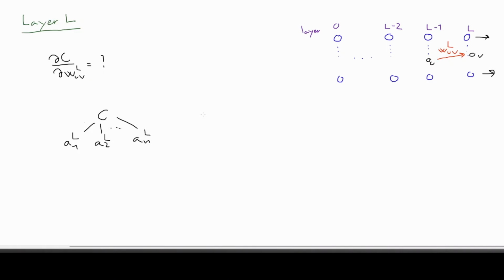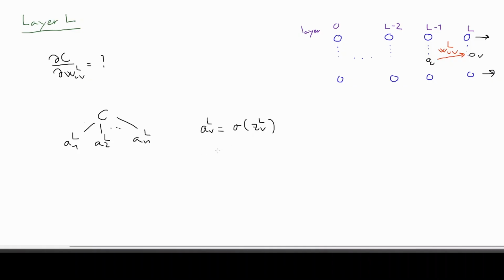And when we examined the individual neurons, we saw that the neural output, that is the activation of the neuron, for instance, if we consider the vth neuron of layer L, it was given by a_v^L, the activation at neuron v, is equal to some function, the activation function, applied to the weighted input at neuron v.